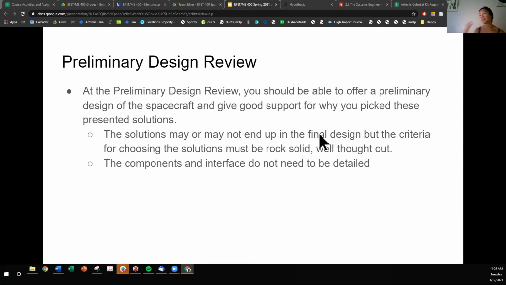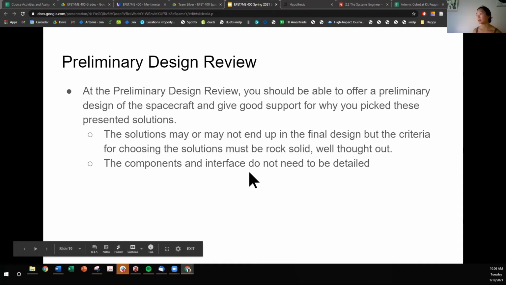So yeah, this is like the initial state. When we go to critical design, we're reiterating the design. So you'll sift through, you'll move one piece of the puzzle in the solution, and then that could affect other components. So you'll keep iterating and iterating, and that's why your preliminary solution may not end up in the final design. Another thing in this design review is that the components and the interfaces do not need to be detailed.